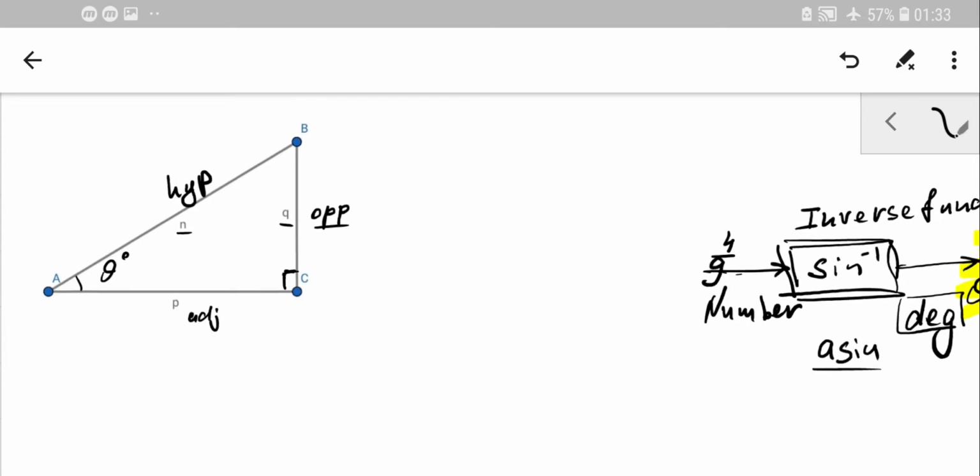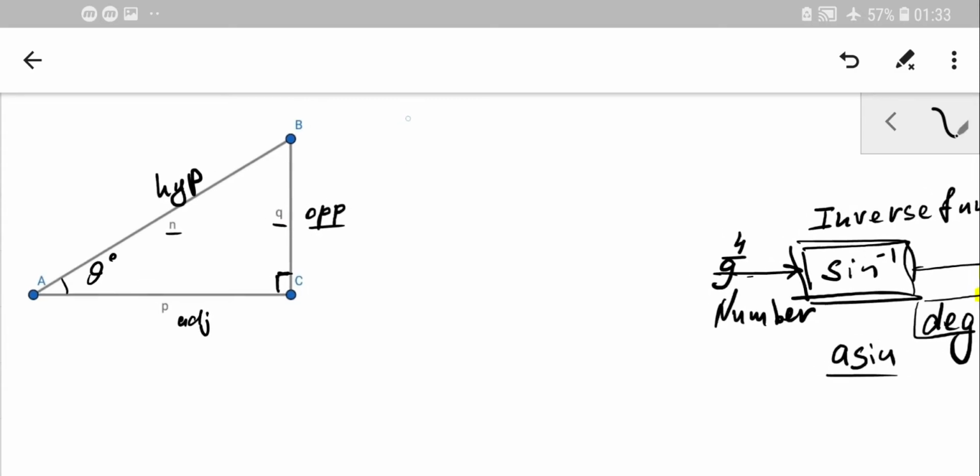Let's practice with Q. We are given the Q side, it's 4 for example, and we want to find the hypotenuse. In this case, we should be given angle theta. Let's say 30 degrees. Okay, so Q and theta were given.